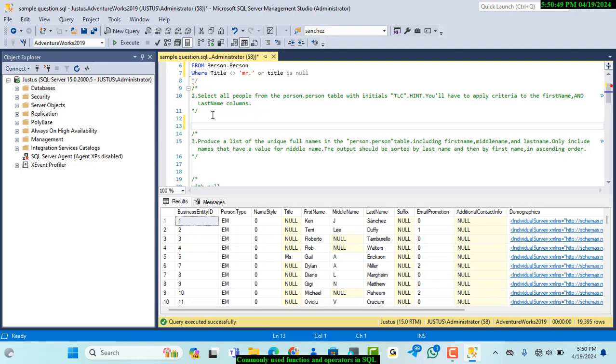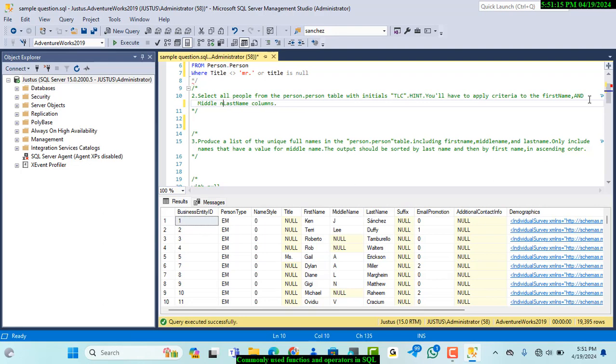Select all people from the Person.Person table with the initial TLC. Then you are given an int. You will have to apply criteria to the first name and last name column. So I think there's something missing here. You also need to include the middle name.